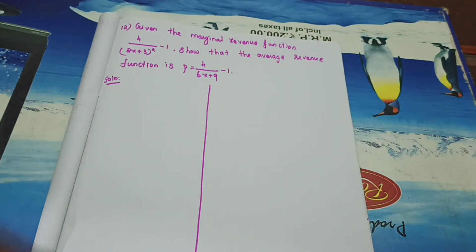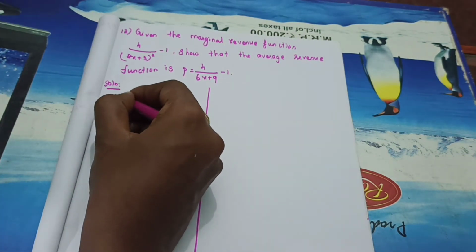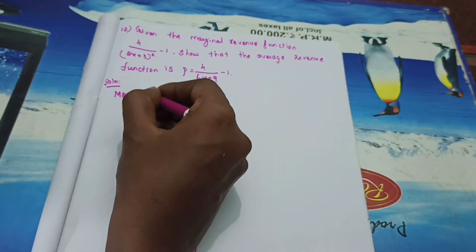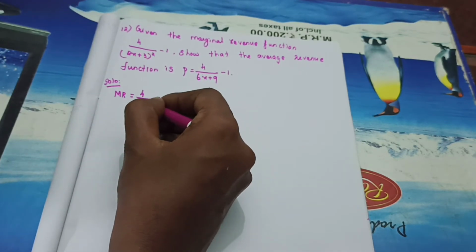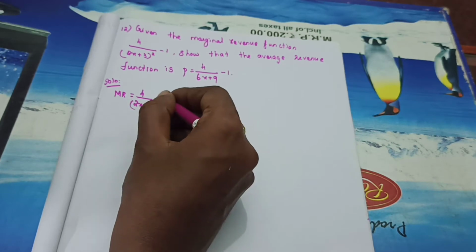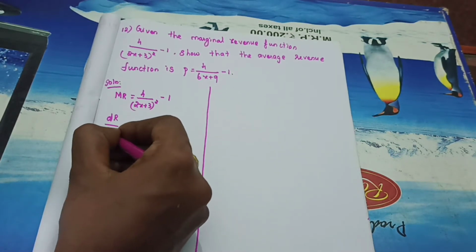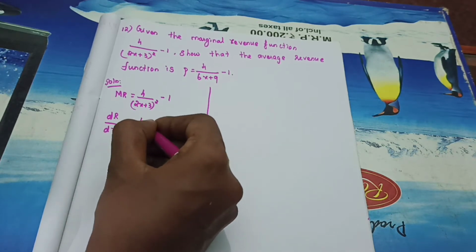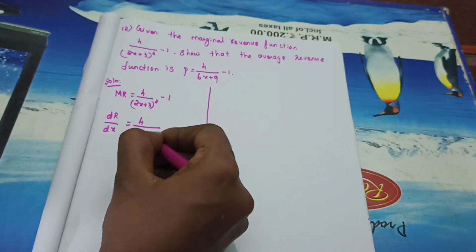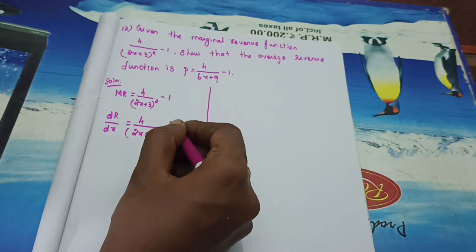It is given in your question. First write it. MR is given as 4 by 2x plus 3 the whole square minus 1. So MR means what? dR by dx is equal to 4 by 2x plus 3 the whole square minus 1.